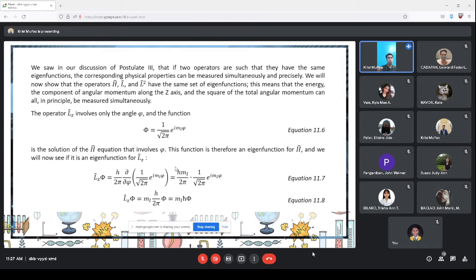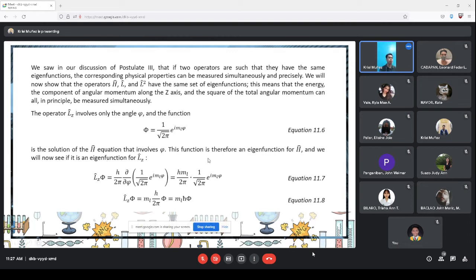Since commuting operators share the same eigenfunction, if the Hamiltonian equation has this function as its eigenfunction, it should also follow that this is an eigenfunction of L sub z hat and of L squared hat, right? All because we're trying to prove that they are indeed commuting, according to postulate number 3.